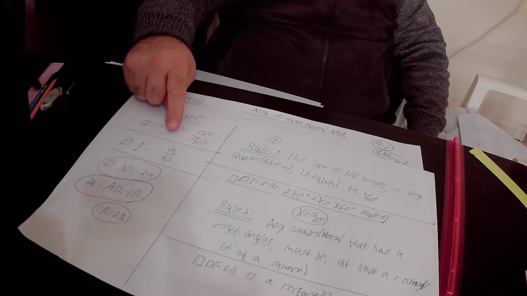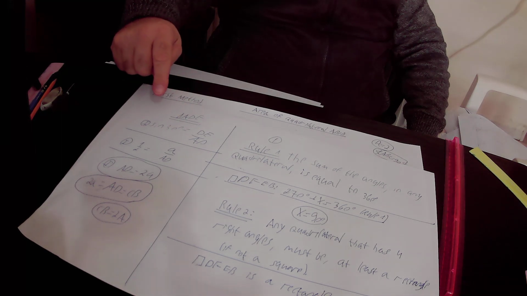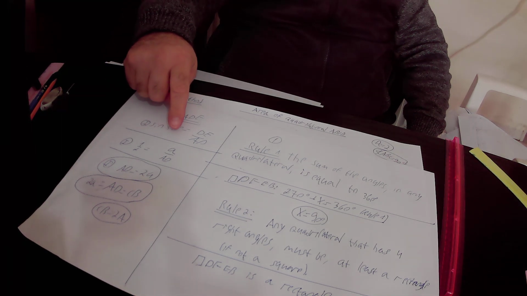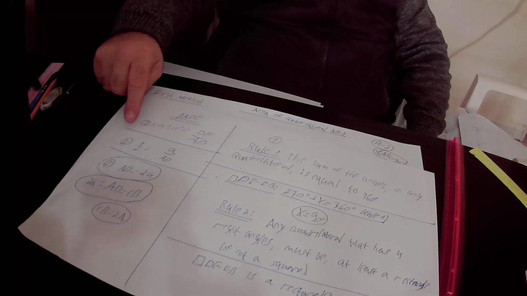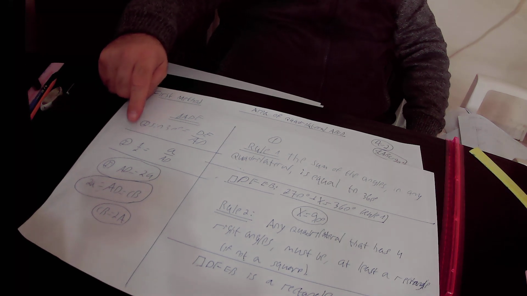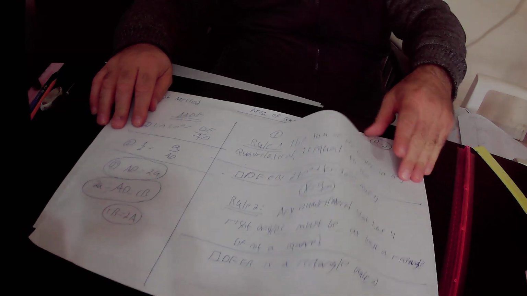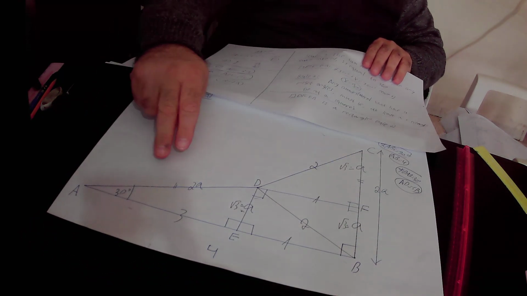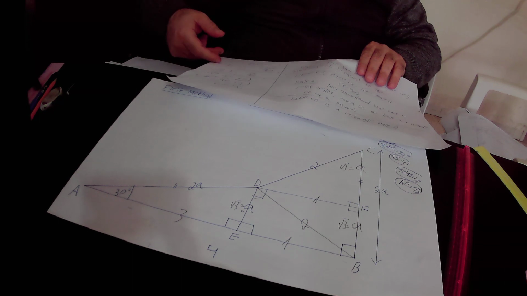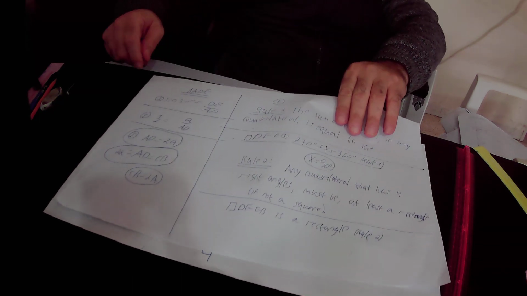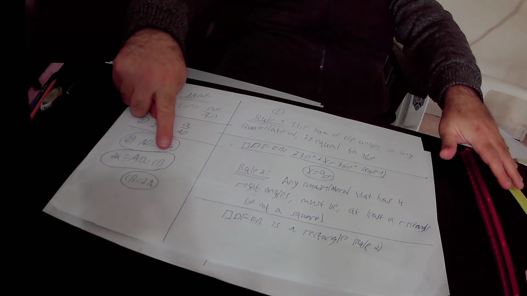DE is A according to our definition. So we got 1 over 2 equals A over AD. We cross multiply this equation number 1, and we found that AD equals 2A. But it is given in the question that AD equals CB.